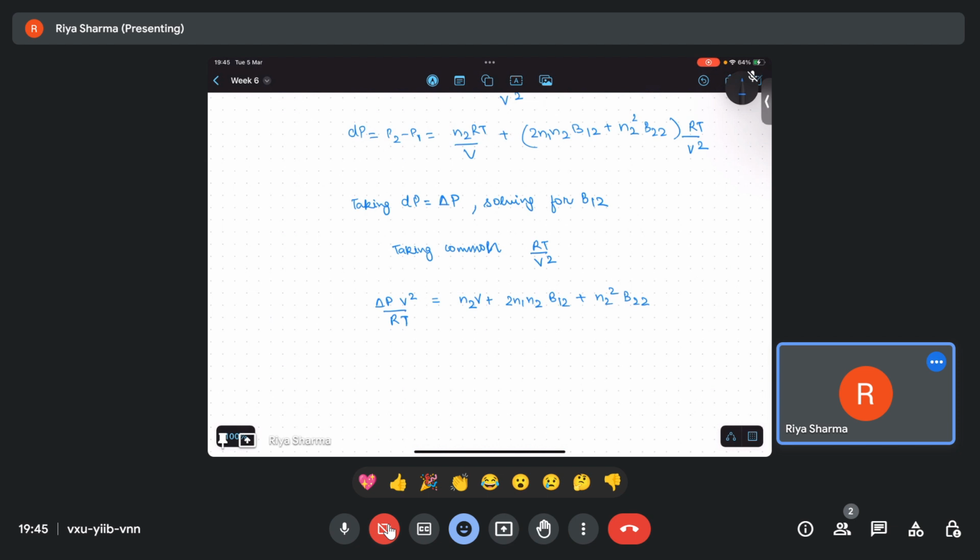Okay, now B12 will be equal to del P V square by RT minus n2 V minus n2 square B22.